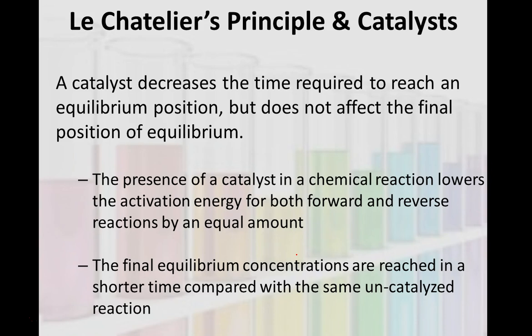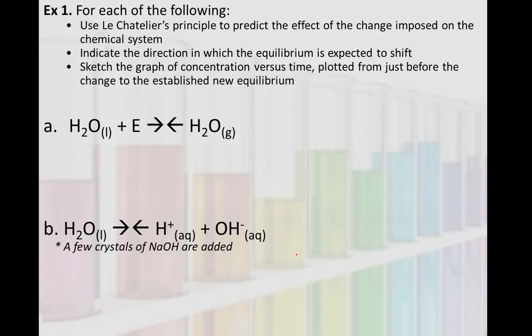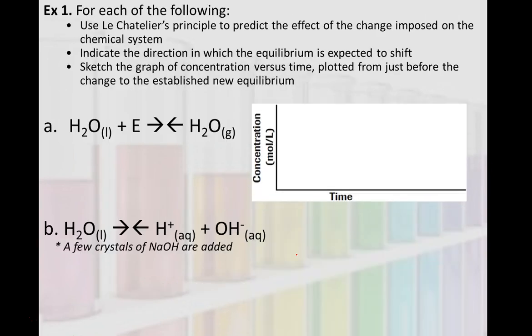So let's look at some graphical representations here. For each of the examples, use Le Chatelier's principle to predict the effect of the change imposed on the chemical system, indicate the direction in which equilibrium will shift, and then sketch the concentration versus time. In this equation, we're going to assume that we are adding energy, so I'm going to add heat here.